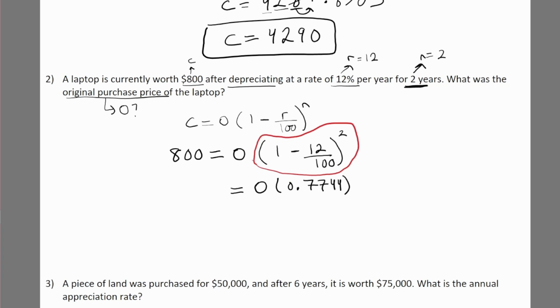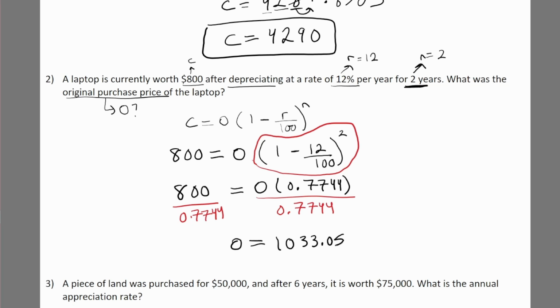This is the accurate value, multiplied by the original is equal to 800, and now we're going to divide through by 0.7744. And we get that the original value is equal to 1033.05, and there's a bunch more decimals.